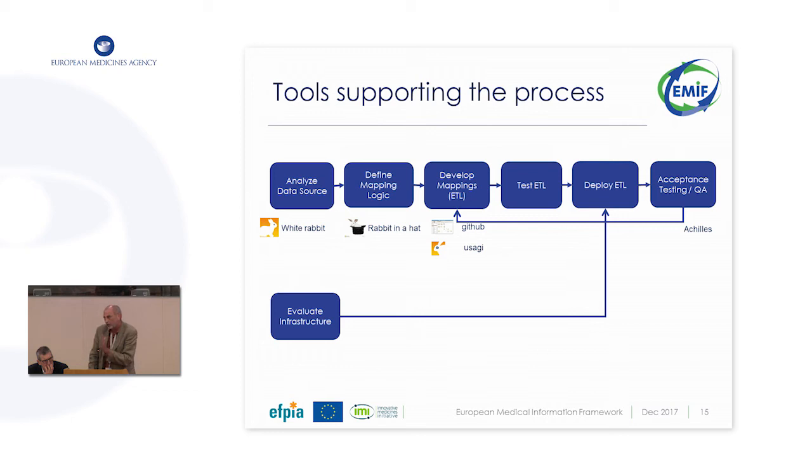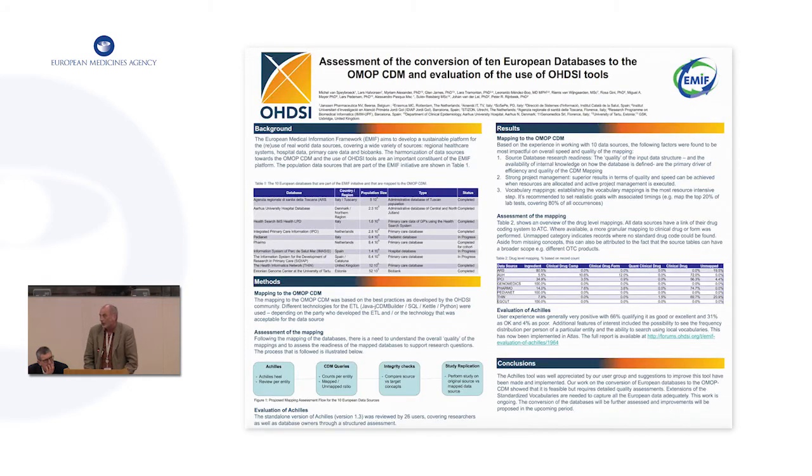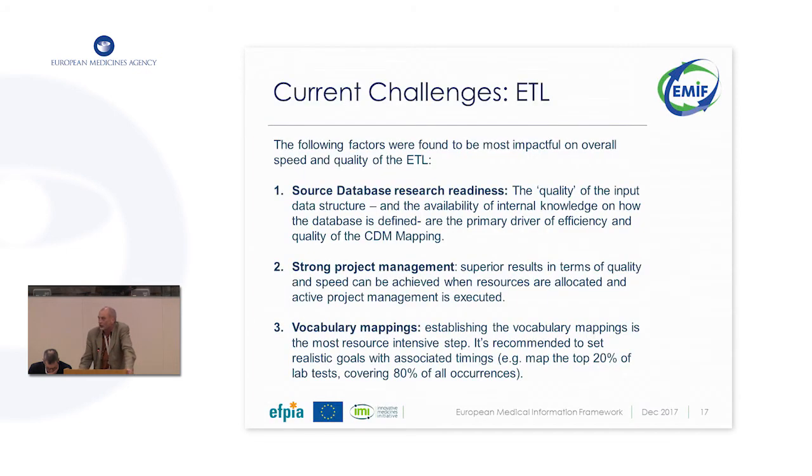It is supported by a number of tools along the way, and an evaluation of the quality is a part of the pipeline. Recently, we presented some initial results on how the transformations went. I mean, this is work in progress. We're trying to get better at it, so this is not a final result. This was an interim report, but still a few lessons learned.